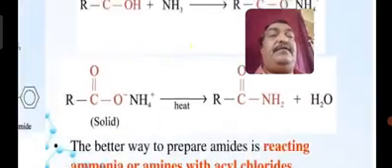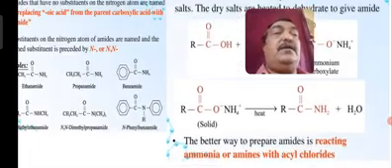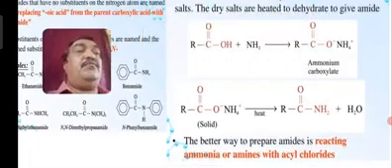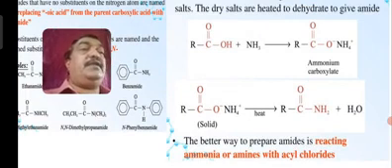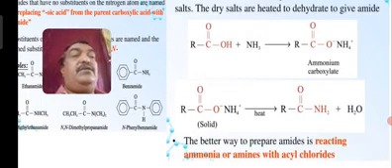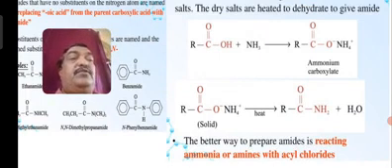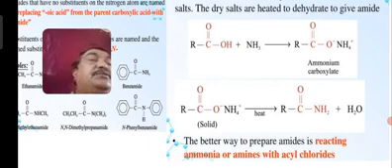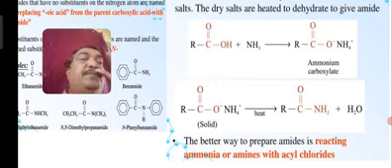Just by heating the carboxylic acid with ammonia first, whereby you will get ammonium carboxylate, RCOO minus NH4 plus. This ammonium carboxylate is a solid compound, and when subjected to heating, you get RCONH2, that is, elimination of water takes place and you get an amide.